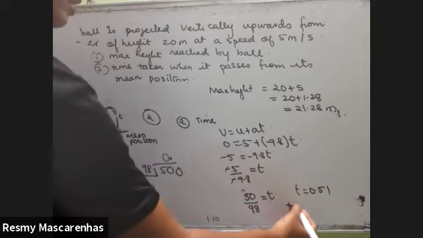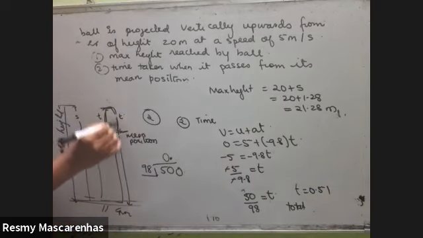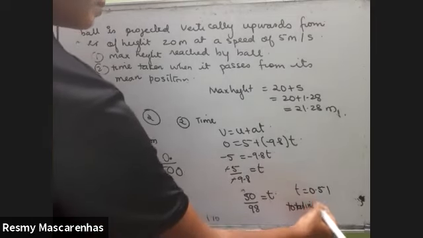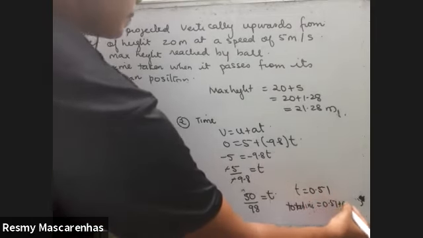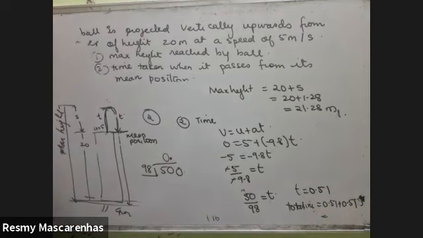And then the time from here to here is 0.51, and then the same time here. So add both, it will be 1.02.